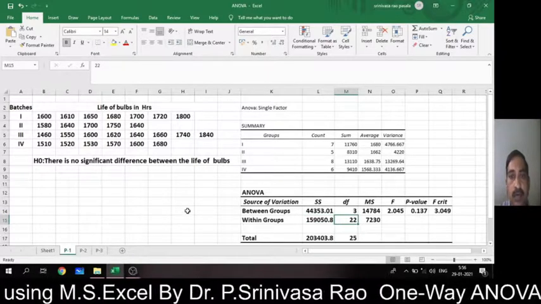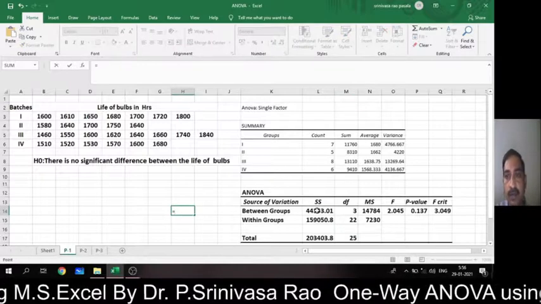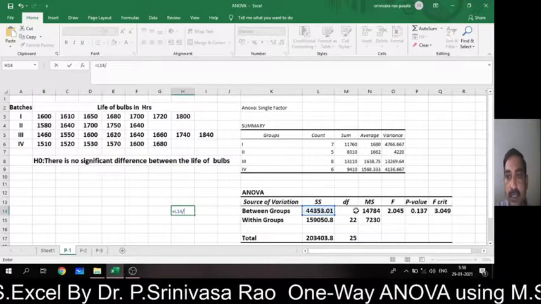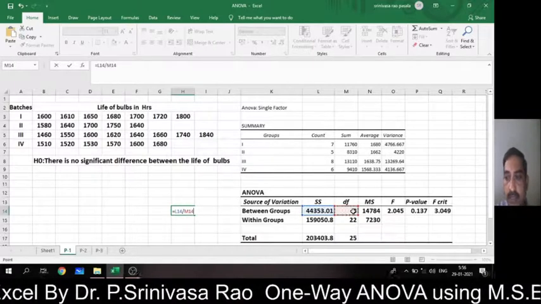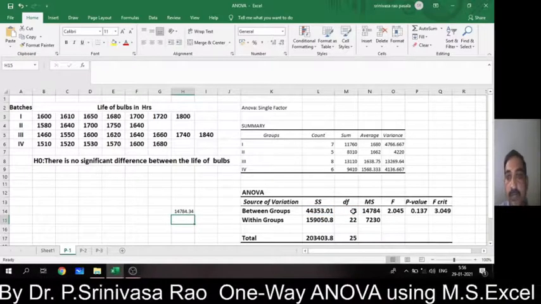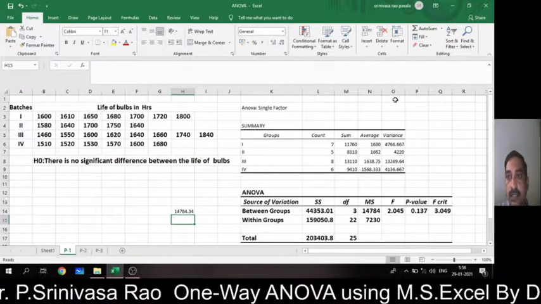If you have any doubt, just check here. This value divided by the respective degrees of freedom, you are getting 14,784.34.